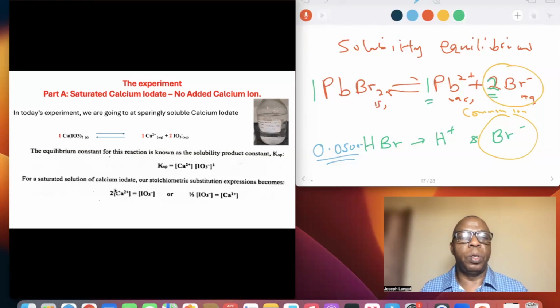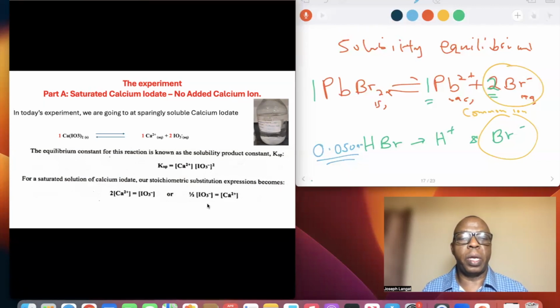Note that if you know the concentration of either one of them, you can find the concentration of the other one. Say we know the concentration of calcium, multiplying it by 2, you get the concentration of iodide and you plug into the equation.